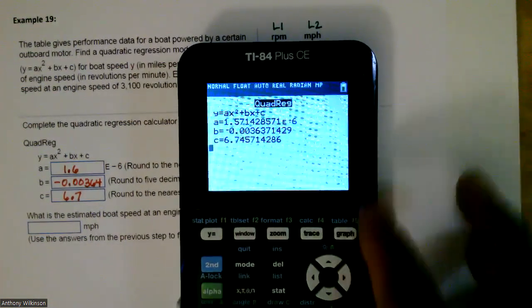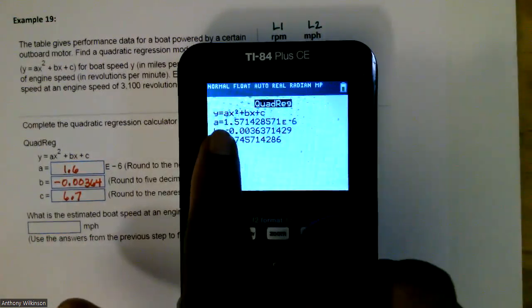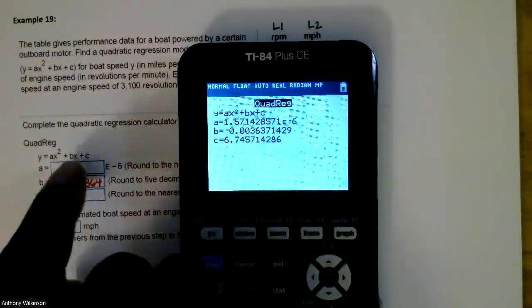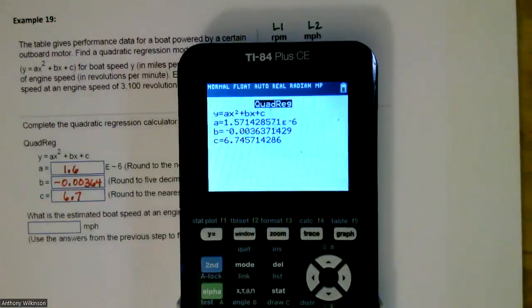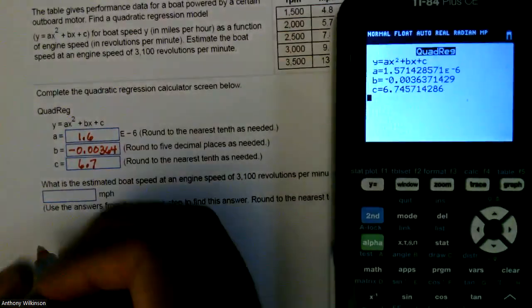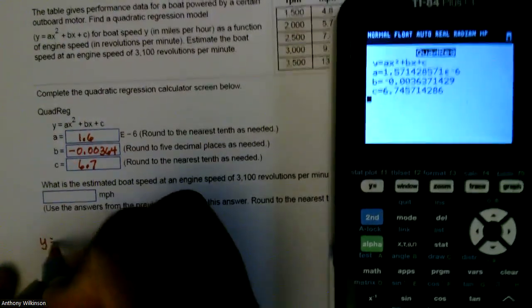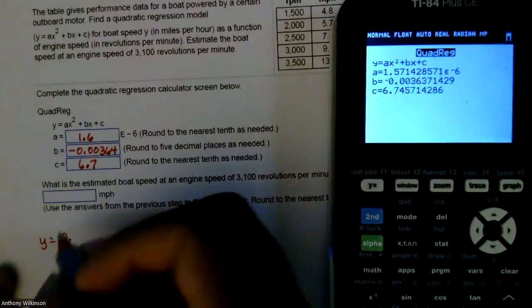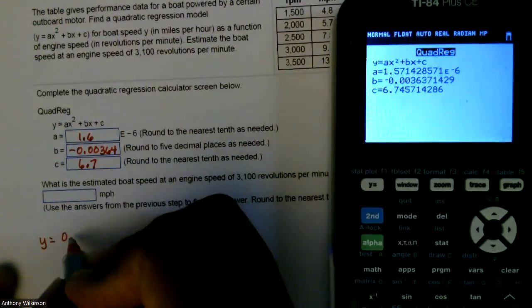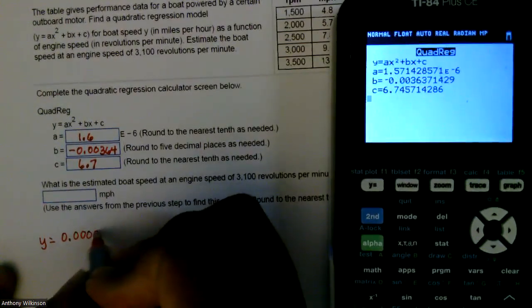Well, I'll tell you what. For a problem like this, I would use that 1.6 times 10 to the negative 6 and write that in standard form, because it's in scientific notation. This will be 0 point, and I know I need to move the decimal point 1 place to the left, so I need 5 zeros in front.